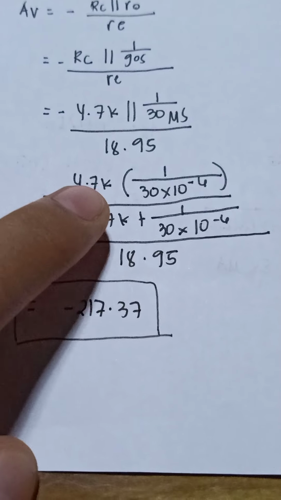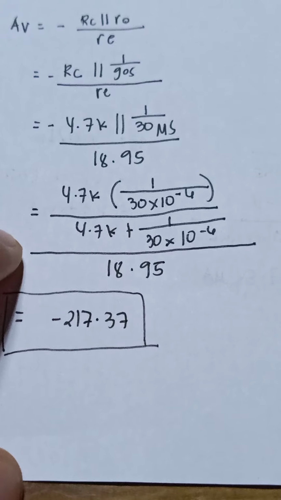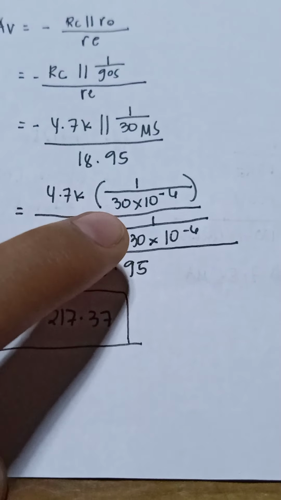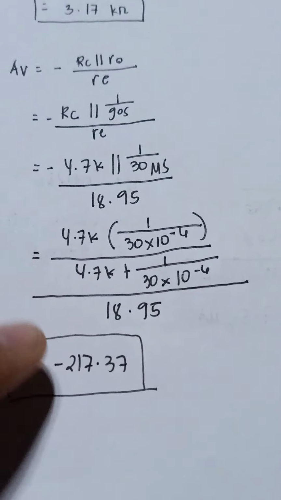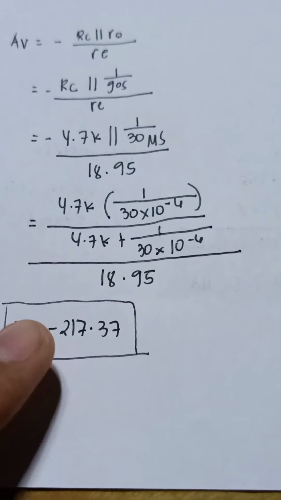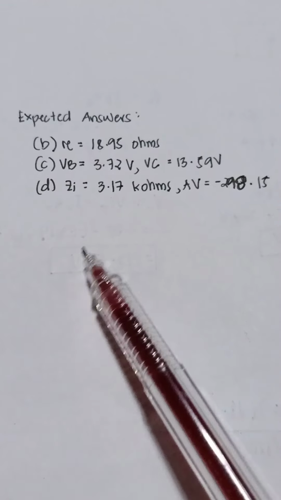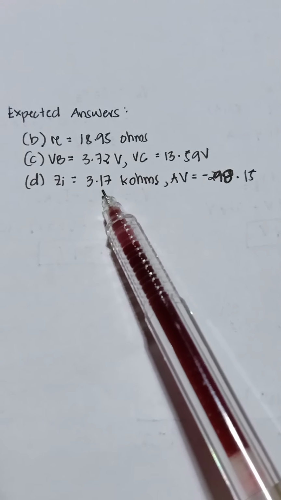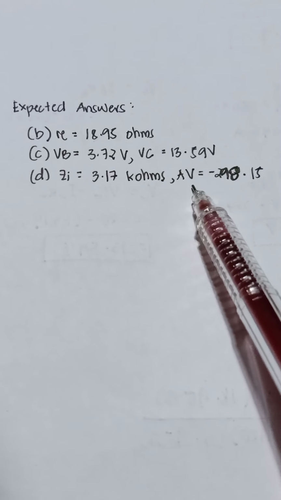So we have 4.7 k times 1 over 30 times 10 to the power of negative 6 over 4.7 k plus 1 over 30 times 10 to the power of negative 6, divided by the value for RE, which is 18.95. So the value for AV that we have is negative 217.37. It means that the value for input impedance that we have, which is 3.17 k ohms, is the same as the expected answer, while the value that we have for AV is different.